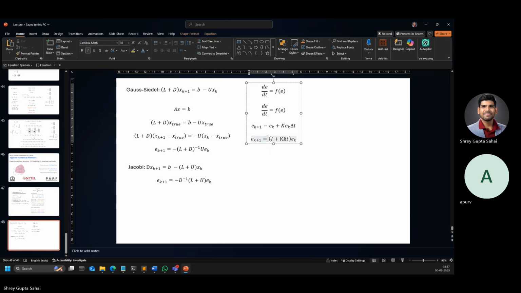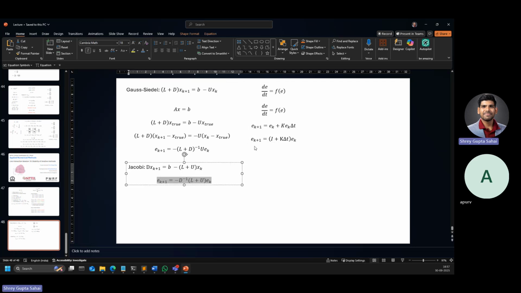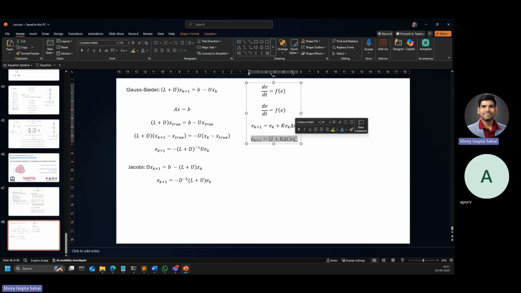Now what I want to emphasize here is that you can figure out that a stability scenario can come in. Basically, we know in a dynamical system that there is a stability condition, right? A system is stable if your eigenvalues are negative.